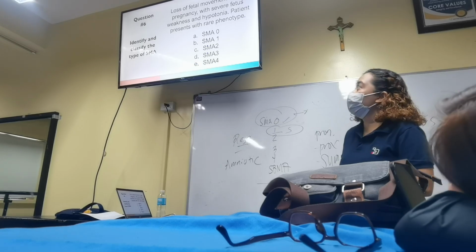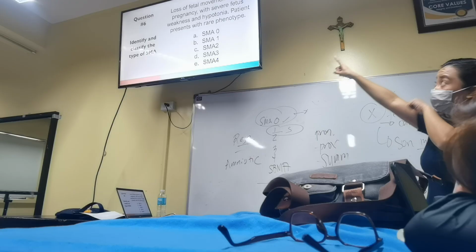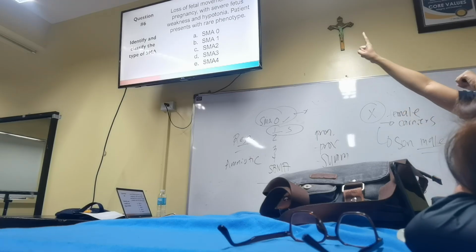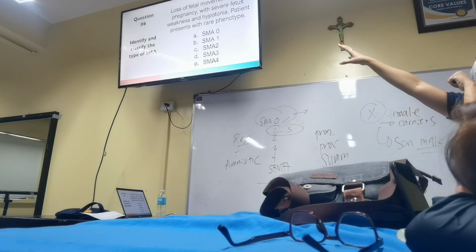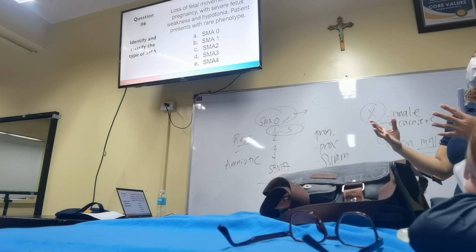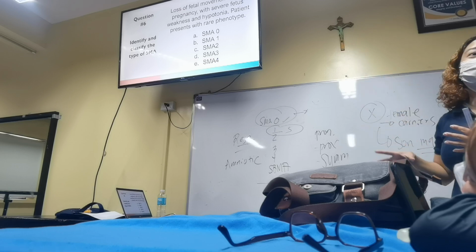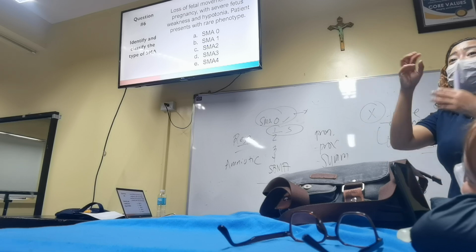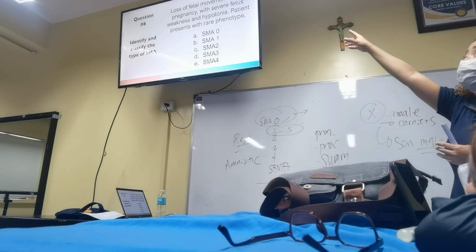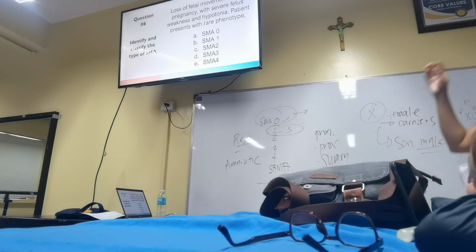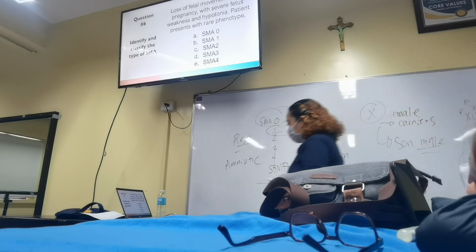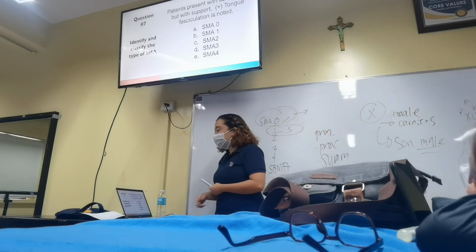I already discussed this. The question is, severe fetal weakness, hypotonia, rare. So if what is being asked is severe, and you have 0 or 1, you choose the 0. It also depends upon the definition. Is that clear? So it is 0 because of loss of fetal movement and the rare phenotype. Okay. Next.